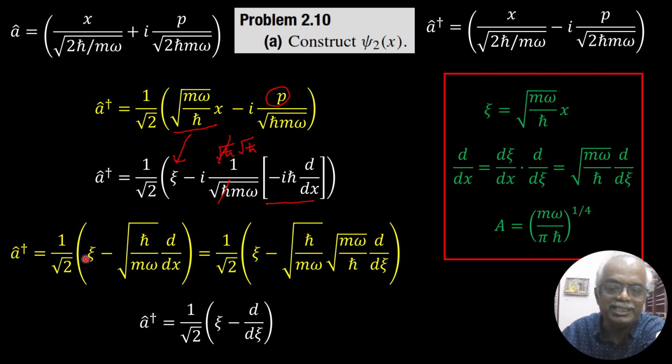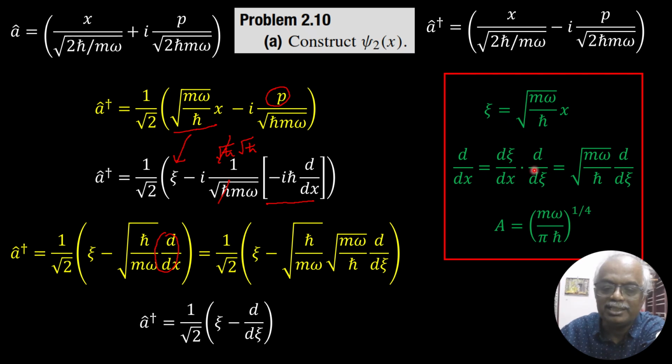I am changing the variable. So z, from here we have taken as the square root of mω over ħ multiplied by x. Then what is d/dx? Now we want this one, d/dx. So this can be written as dz/dx multiplied by d/dz.